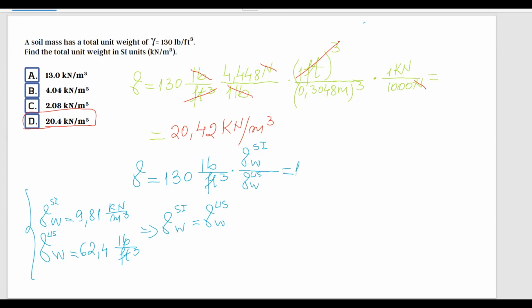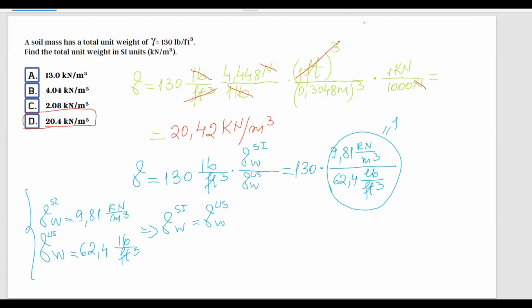So let's see. 130 multiplied by gamma water, SI, we have 9.81 kilonewtons over meters cubed, divided by gamma water US units, 62.4 pounds per cubic feet. This is equal to 1. So I'm not changing anything.